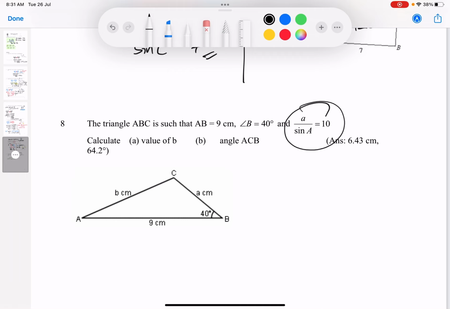So actually this is angle A. They're telling you that A over sine A is equal to 10. So you just need to form another pair of corresponding relationships, make it equal, and then you will be able to find what B is. And for those of you who are done, you can actually go ahead and solve for angle ACB.